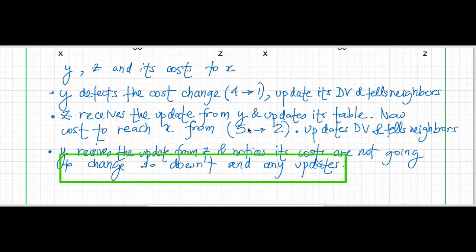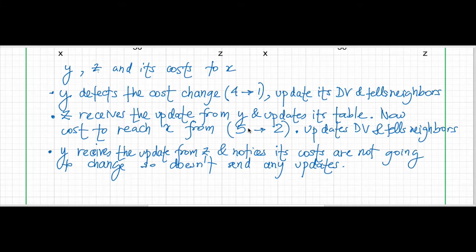If that's the case, then the network has reached a stable state very fast. Basically we needed just two iterations, and we were done, and then we stop.